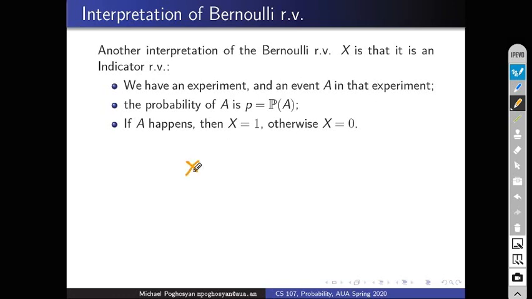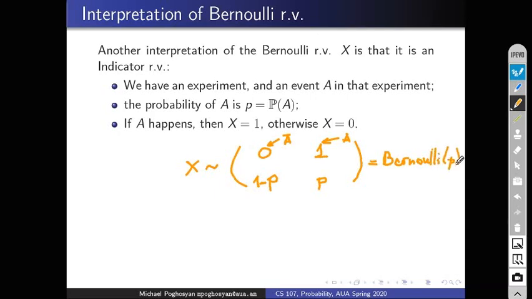In that case, we will have something like this, 0, 1. So 1 if A happens, and 0 if not A happens. And the probability of A happening is P, and not A probability is 1 minus P. So we will have this the same as Bernoulli P.